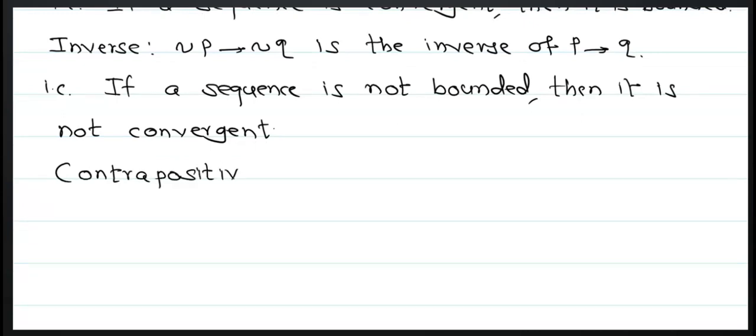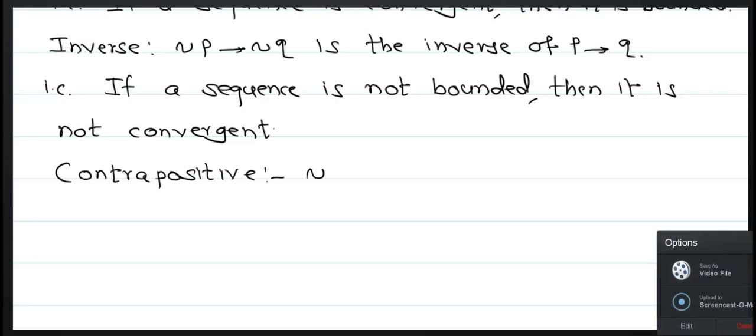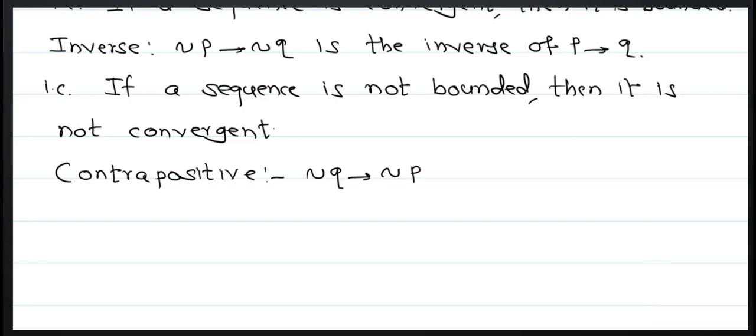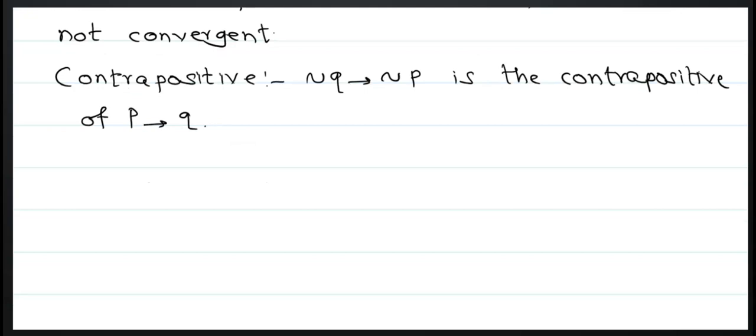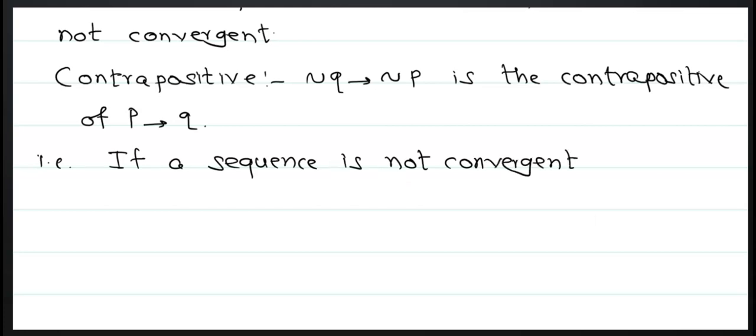And next is the contrapositive. The contrapositive is the negation of Q implies negation of P, the contrapositive of P implies Q. That is, if the sequence is not convergent, then it is not bounded.